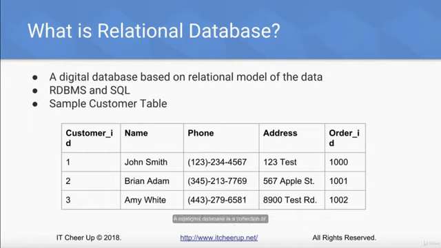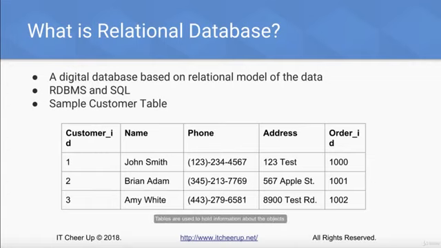A relational database is a collection of data items with predefined relationships between them. These items are organized as a set of tables with columns and rows. Let's take a look on the sample customer table.